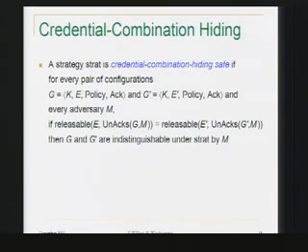A strategy is credential combination hiding safe if for every pair of configurations, G and G prime, where the acknowledgement policies agree, because acknowledgement policies have to be something that you see, and given any adversary M, if the credentials that are releasable to M using G's credentials are the same as those using G prime's, then G and G prime have to be indistinguishable by M when you're using that strategy. Okay?